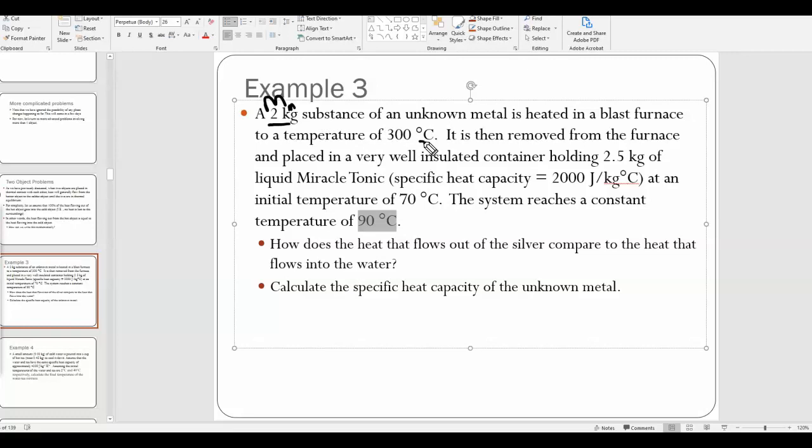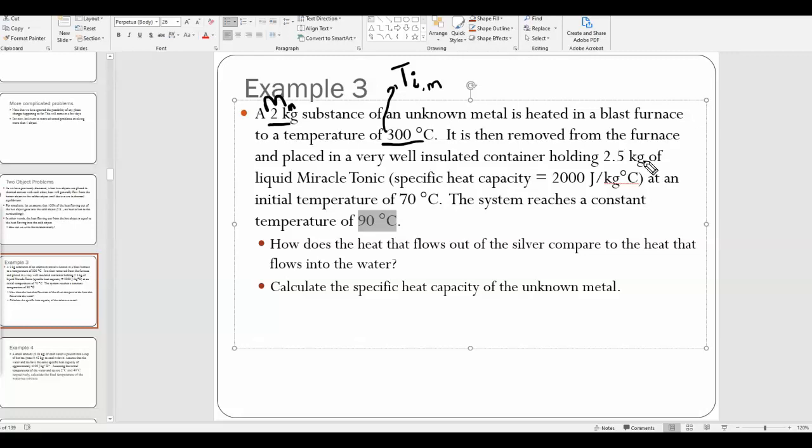I'm going to call this the initial temperature of the metal. Okay, this is the temperature of the metal at the beginning of the problem because after it's heated up, it's then placed into the miracle tonic. And so I'm going to call this Ti, that's the initial temperature of the metal.